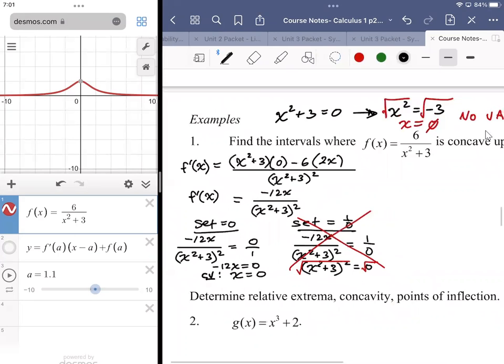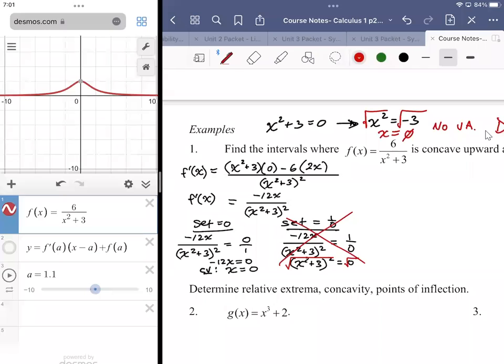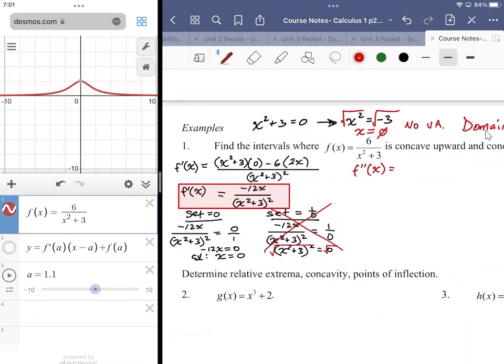I also need my second derivative. So I'm going to work off of this piece right here. So f double prime of x, a little bit more low d high minus high d low over denominator squared, and away we go.